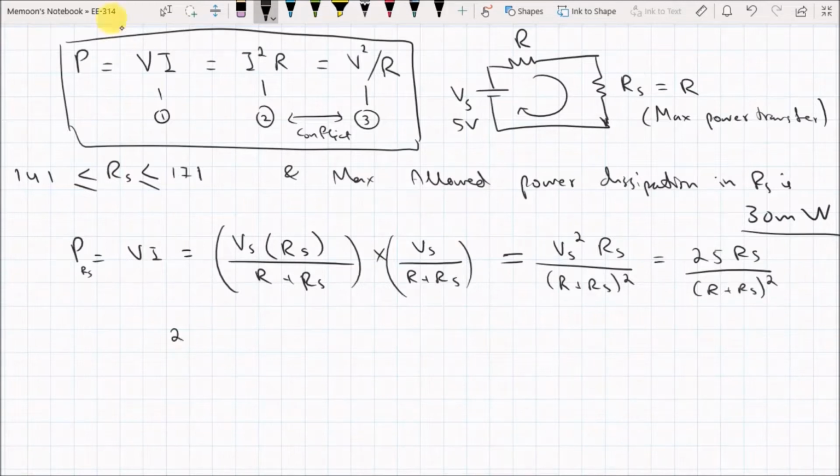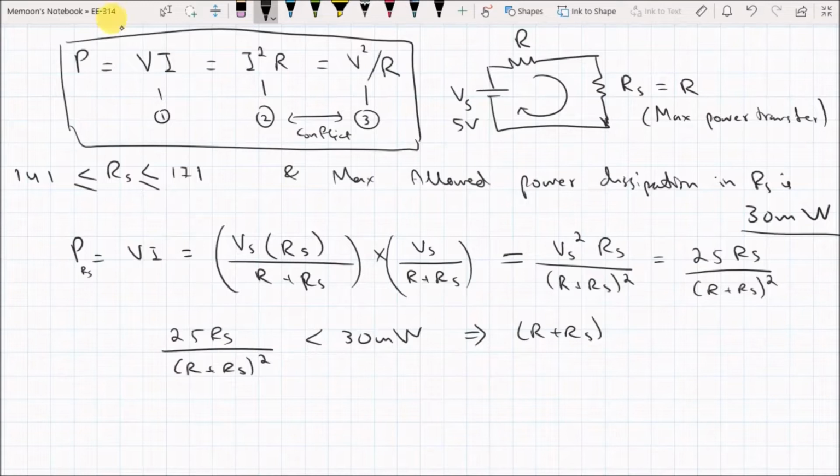So our relation, 25 Rs over (R plus Rs) squared, must be less than 30 milliwatts. And this implies that (R plus Rs) squared must be greater than 250 over 3 Rs.